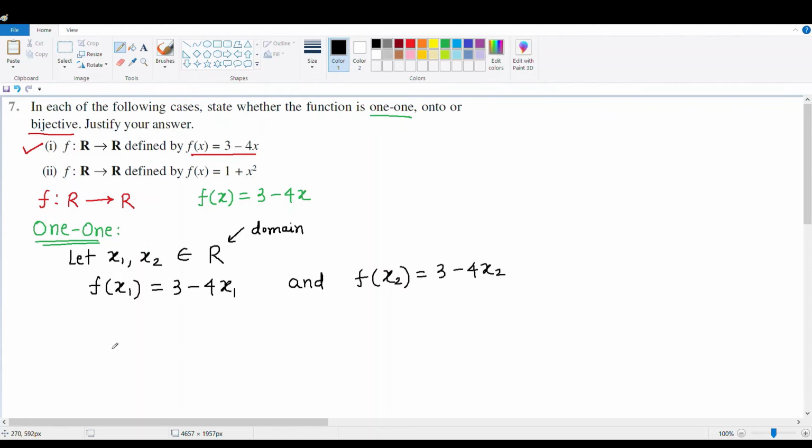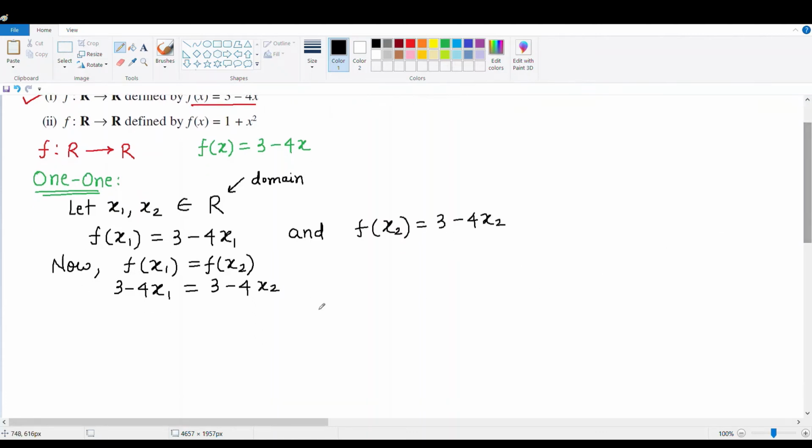Now to prove 1-1, we start with f of x1 is equal to f of x2. If these two are the same, that means 3 minus 4x1 must be equal to 3 minus 4x2. So let's write that down: 3 minus 4x1 equals 3 minus 4x2. Now 3 and 3 can cancel out, so you will have negative 4x1 equals negative 4x2.